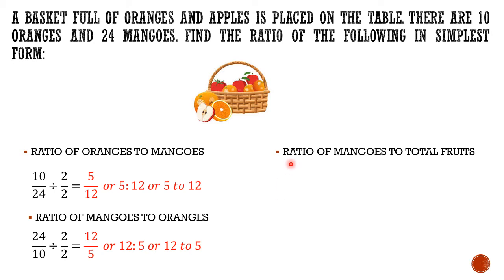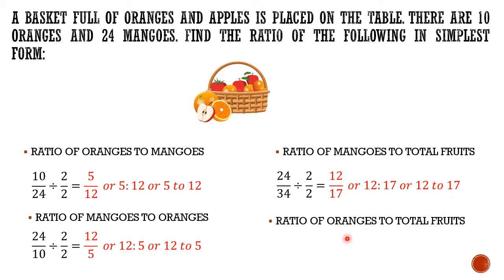So all in all, we have 10 plus 24, we have 34 fruits here. So, 24 all over 34 dahil mangoes all over ng total fruits which is 34, divided by 2 on both numbers. So, it is equal to 12 all over 17 or 12 colon 17 or 12 to 17.